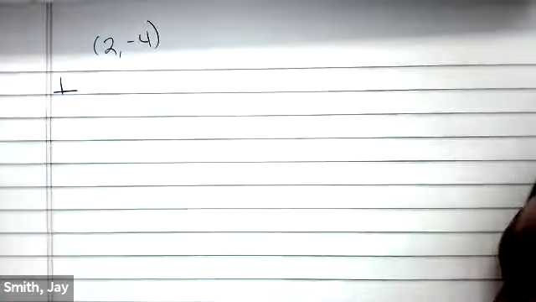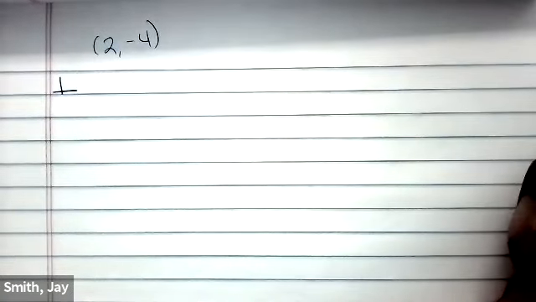Keeping in mind, if it's a perpendicular line, the slope is a negative reciprocal. So here, we're going to find the line to go from the point 2, -4. And it's perpendicular to the line that has a slope that we found of 3/2.